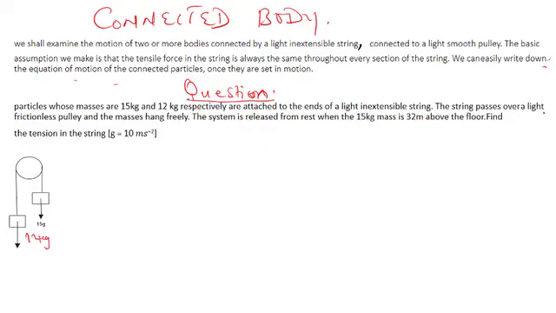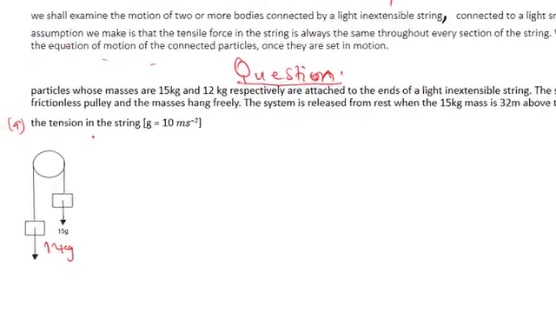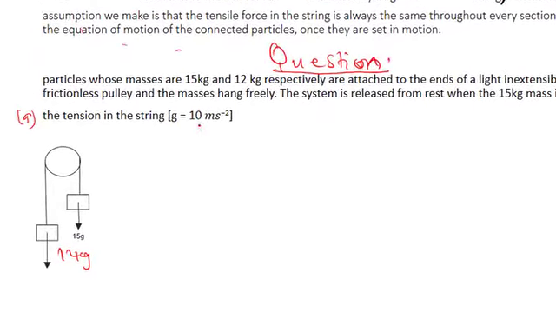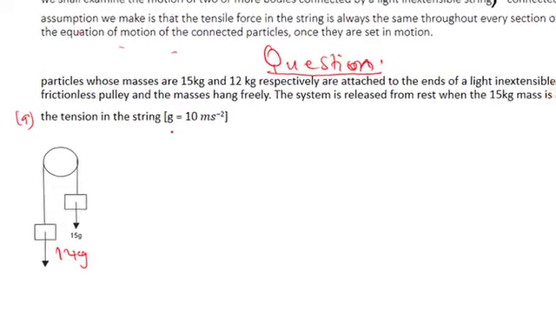The string passes over a light frictionless pulley and the masses hang freely. The system is released from rest when the 15 kilogram mass is 32 meters above the floor. Find the tension in the string when acceleration due to gravity is 10 meters per second squared.